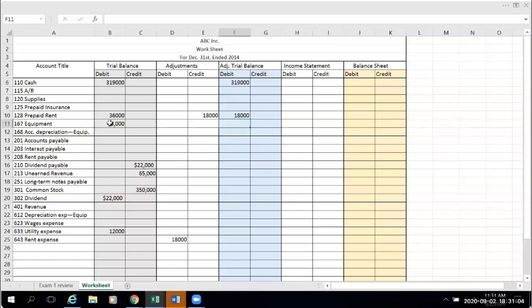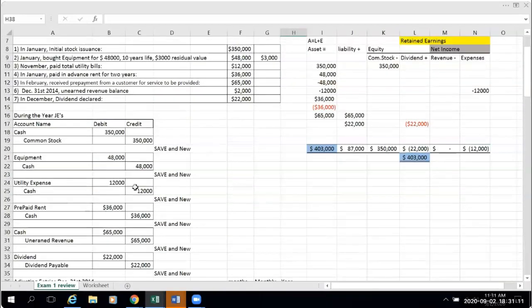Let's talk about equipment. That's the next one. Equipment is $48,000. So let's go see what was going on. It says equipment purchased for 48. The accounting management believe this type of equipment will have an estimated 10 years useful life.